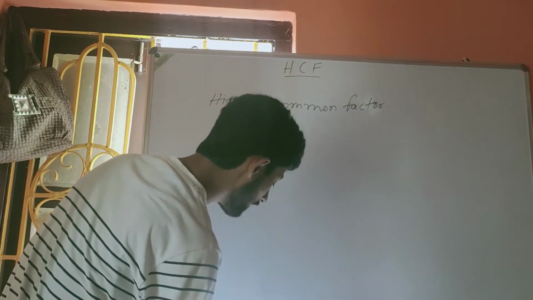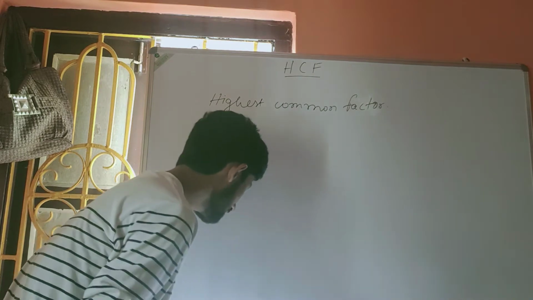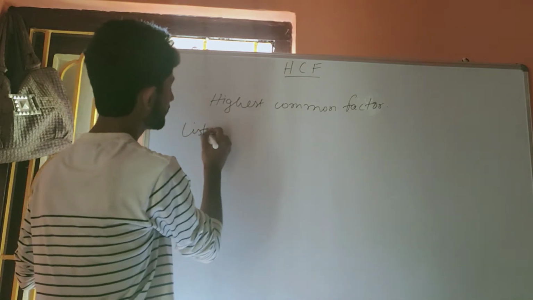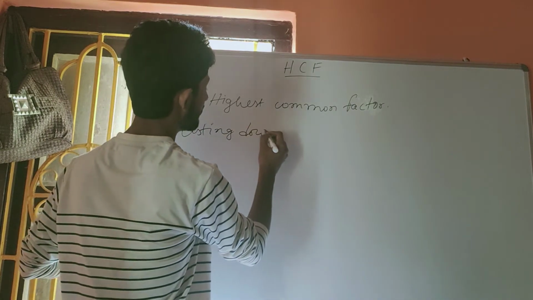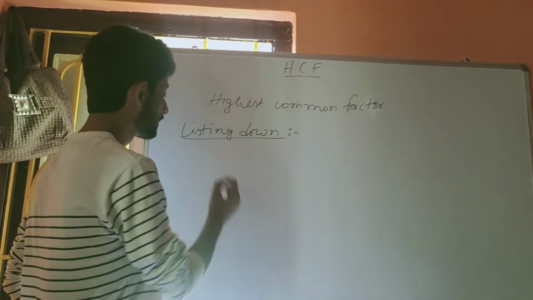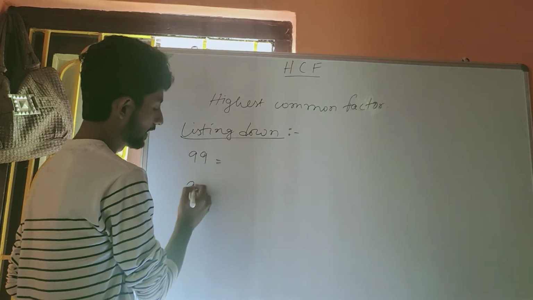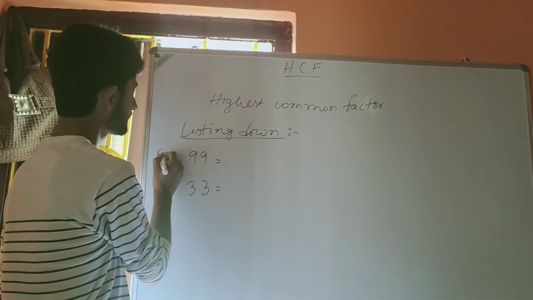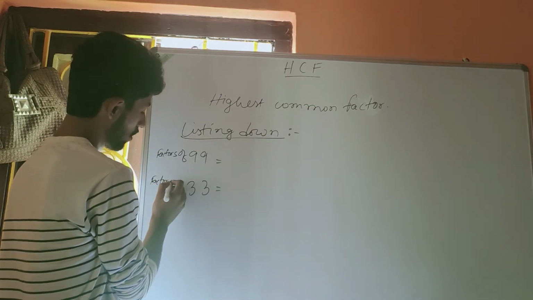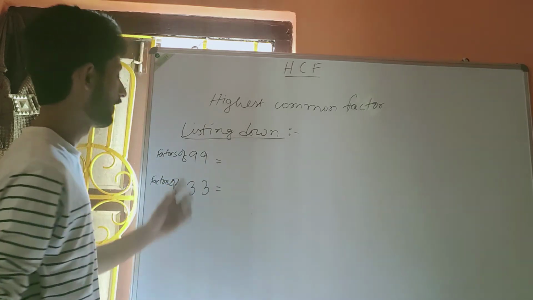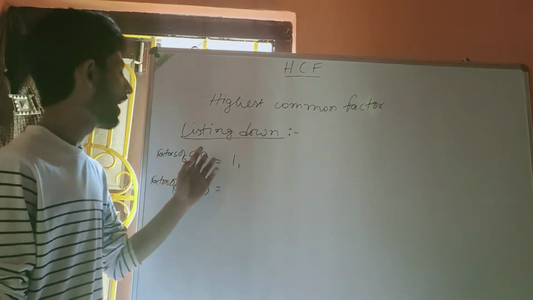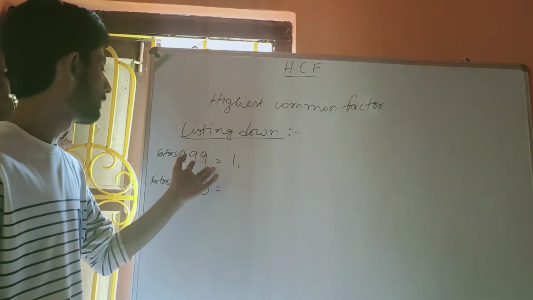Okay, it has some methods. One by one I will discuss everything. First method is listing down. Method of listing down. How will you write? Suppose here are 99 and 33. Factors of 99: the first factor is always 1, and it will not go with 2, but it will go with 3.